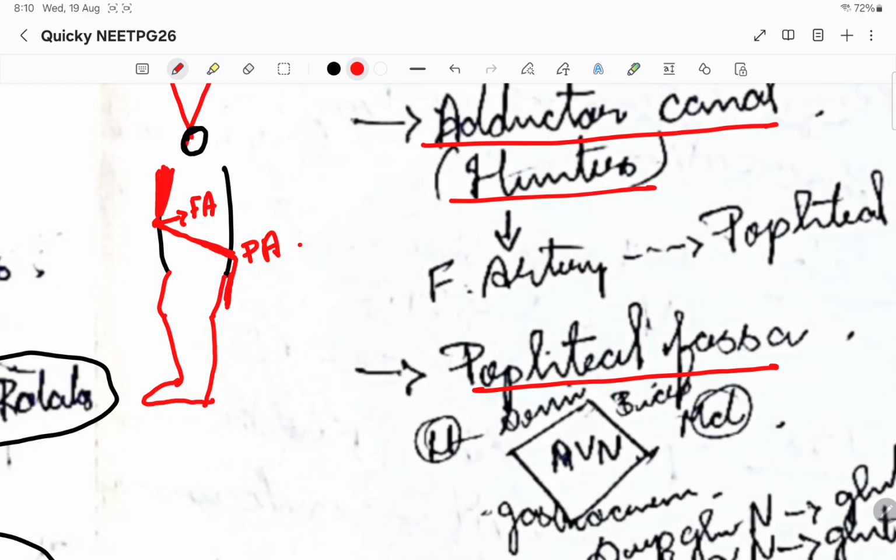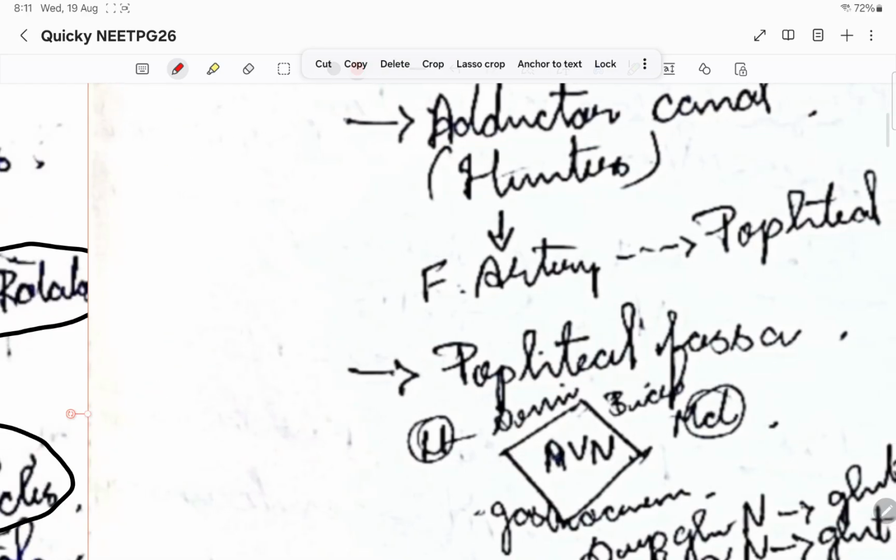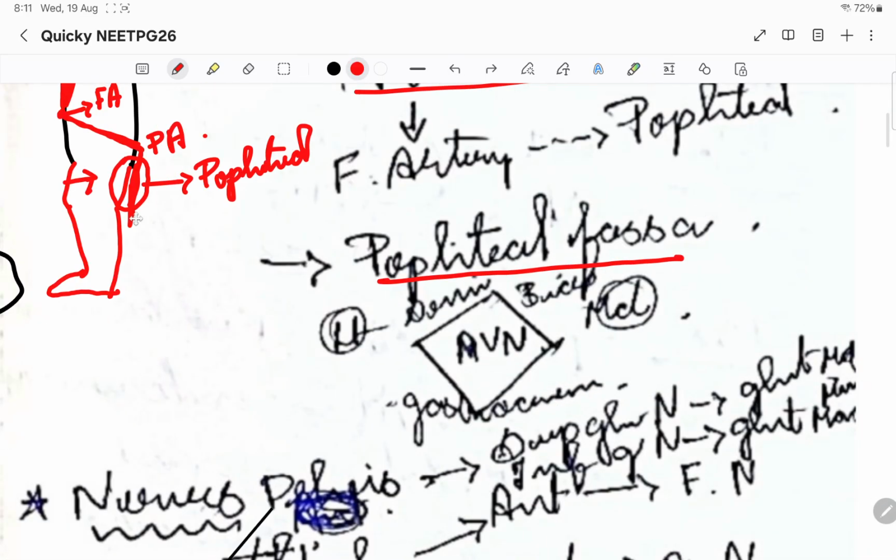Here, just behind the knee, this space is called the popliteal fossa. The femoral artery which came here became the popliteal artery, and down it goes and becomes the tibial artery and all these things.